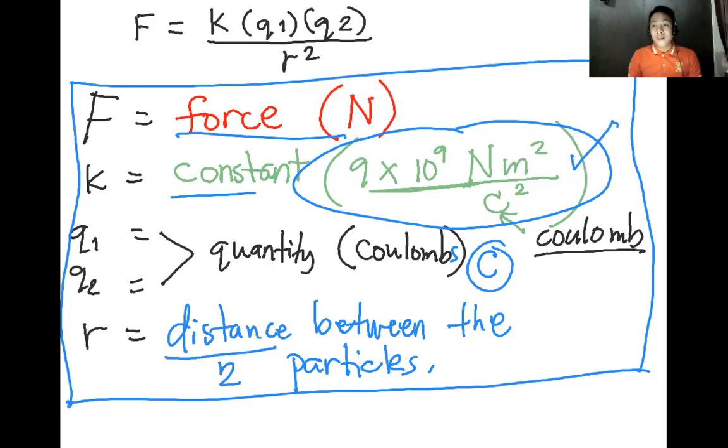What is the unit for distance? We have meters. So we are only using meters. For the charges we are using C, for the constant this will be the value, and for the force we have N. You need to memorize all of these first before you can solve one problem.